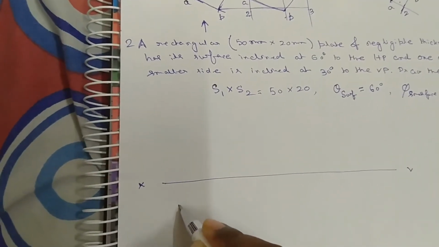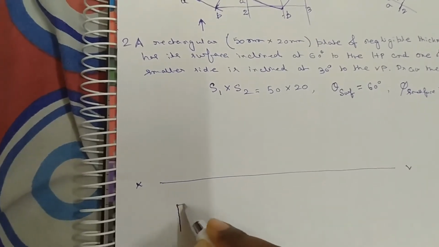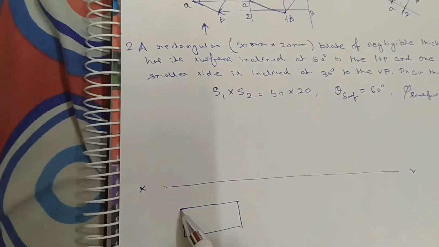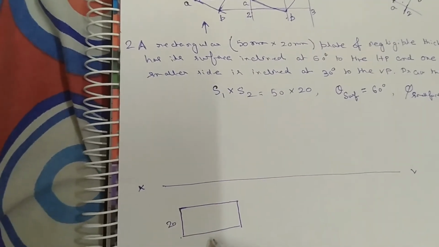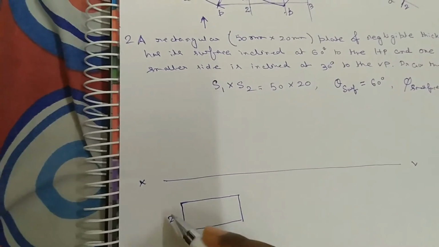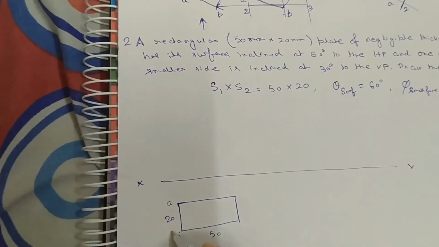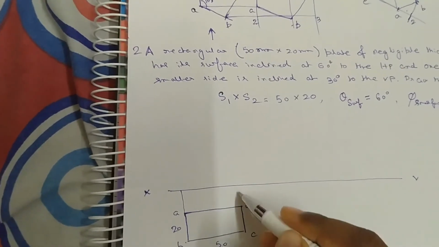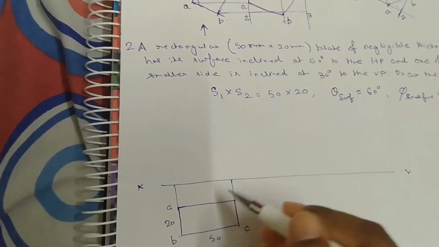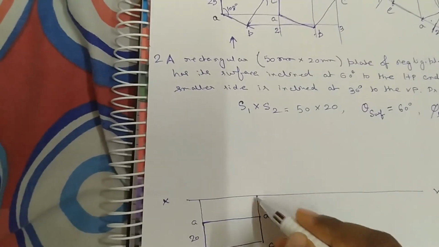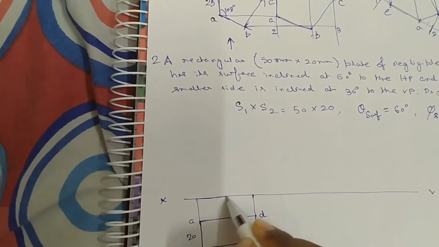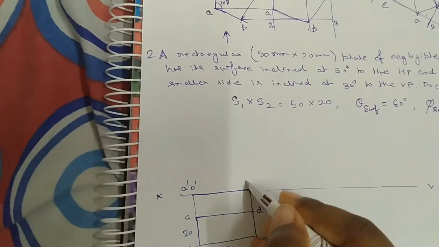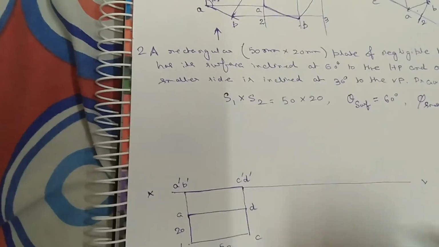So we'll make this our smaller side, this is 20, this is 50, and we name it A, B, C, D, and again we are going to project it on our front view. Our front view will be a simple line A dash, B dash, C dash, D dash.